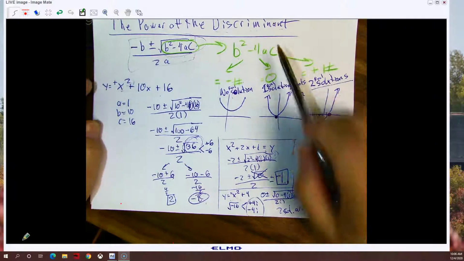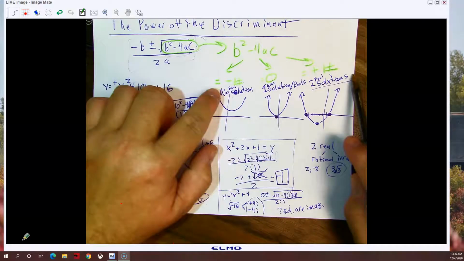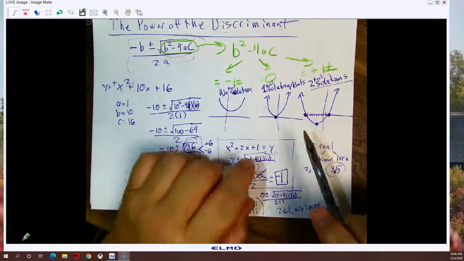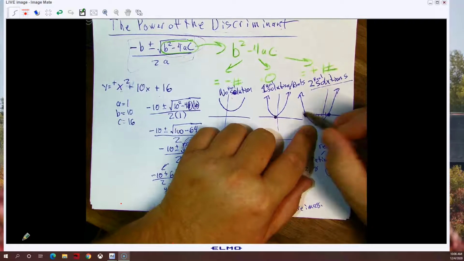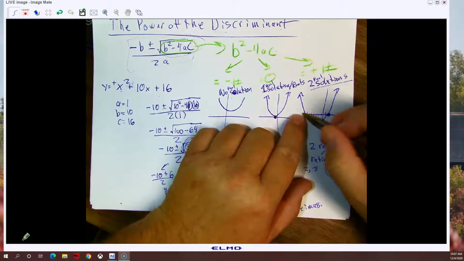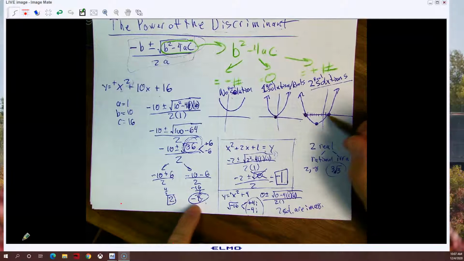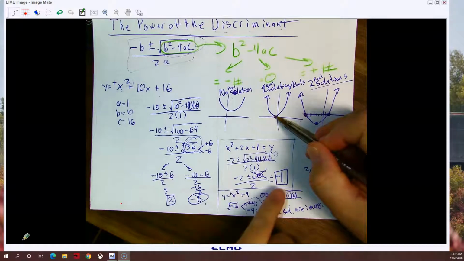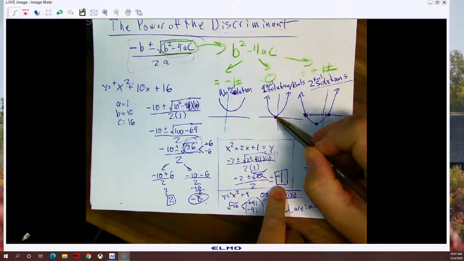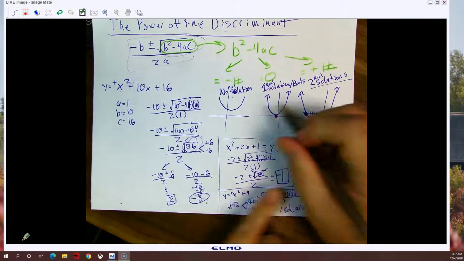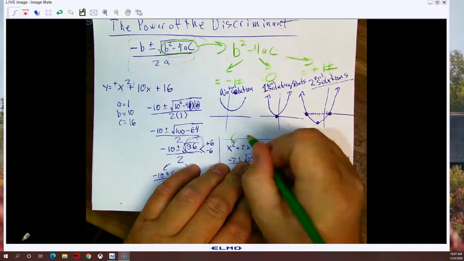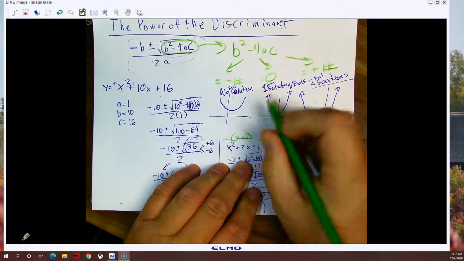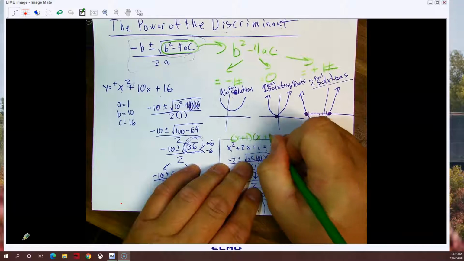And so the discriminant tells us how many real solutions, which in turn tells us, do I have two non-matching solutions? Non-matching means 2 and negative 8. They don't match. Here I have two solutions. They just both happen to be negative 1, because I could factor this problem right here into x plus 1 and x plus 1.